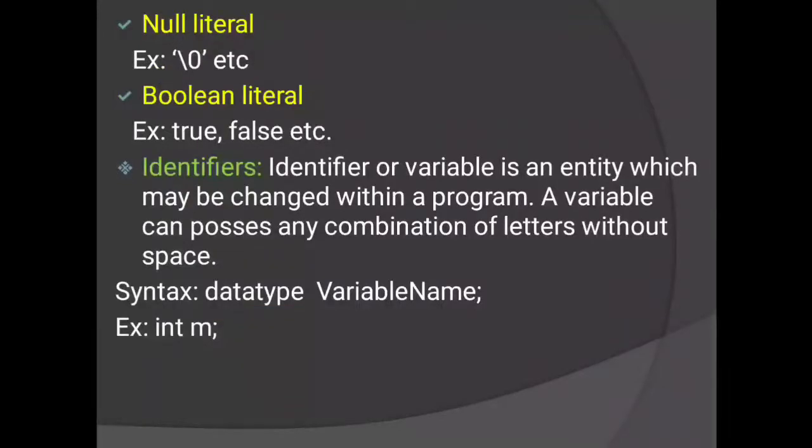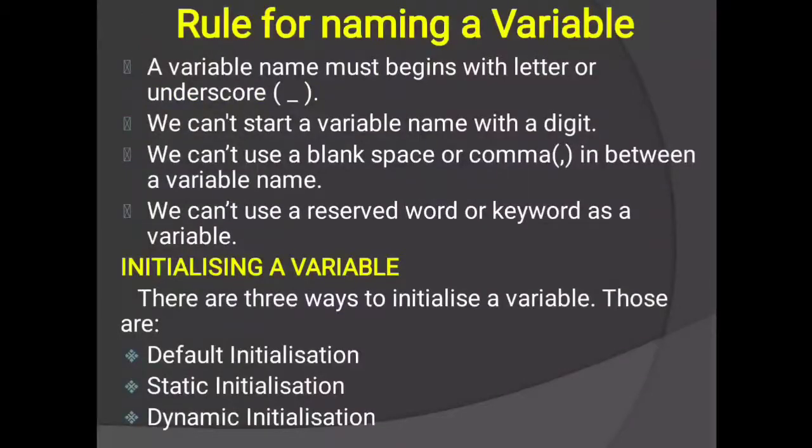Okay, then next we will proceed. See, the rules for naming a variable. When we want to declare a variable, at that time we have to follow some rules. First one is a variable name must begin with a letter or underscore.